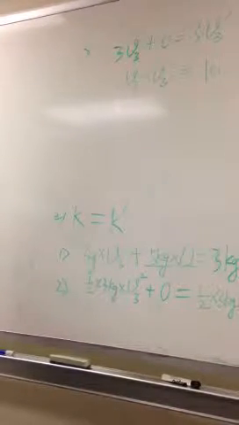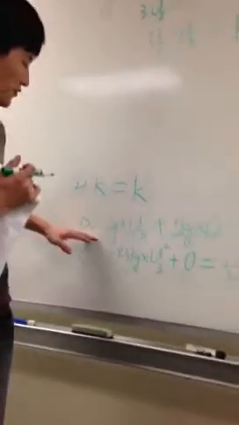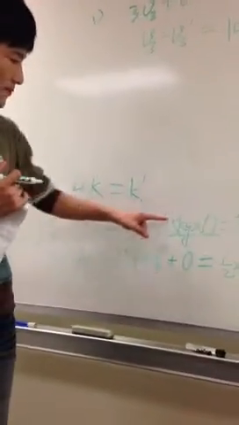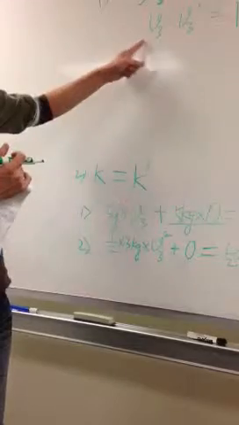How did we lose the 1/2? What do you mean? Oh, I mean from the number 1. Right now we're still looking at number 1. From number 1, we got this.